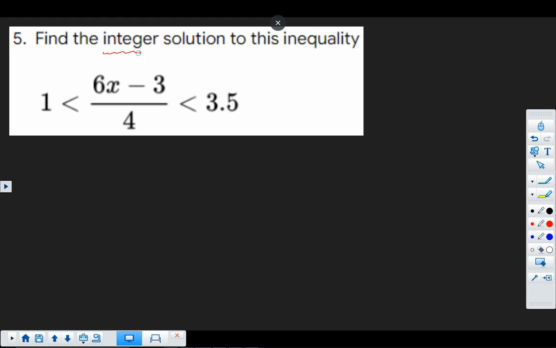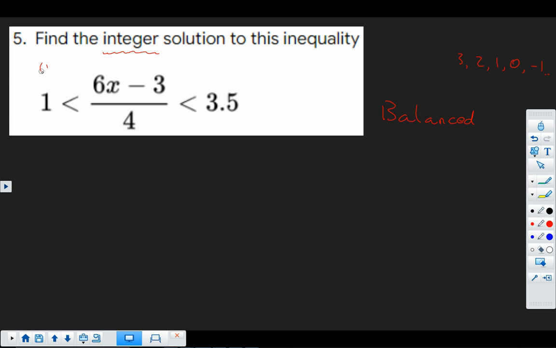There's quite a bit going on in this question. The first thing to note is that we're asked for our integer solution. So these are whole numbers like 3, 2, 1, 0, -1, and so on. When we do these exercises, we remember that we have to make sure that everything is balanced, and we do the same thing to the left-hand side that we do to the right-hand side.